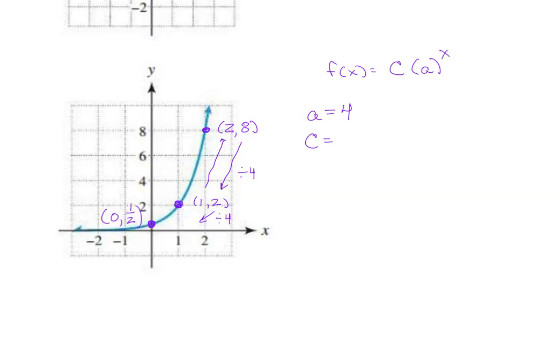That is our value for c. And so when we plug these into our function, we want our c value first, our 1/2, and then we want 4 raised to the x.